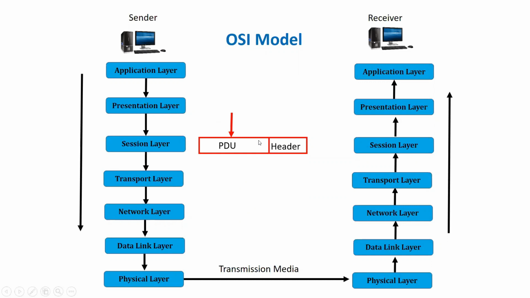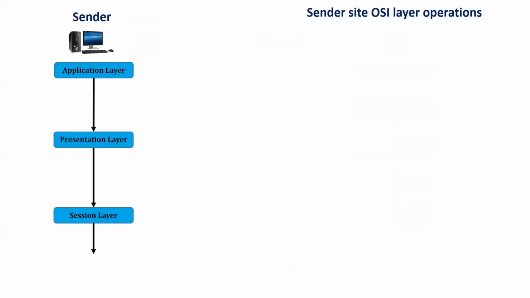In order to understand the operations or responsibilities of the 7 layers of the OSI model, I'm going to use an example of sending an email. Let's say I'm in front of a computer right now and I want to send an email to my friend who lives in a different area like Scotland or India, whatever.